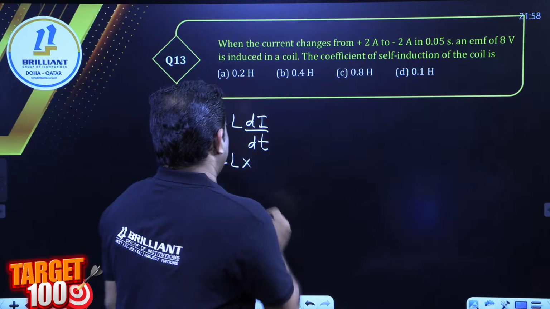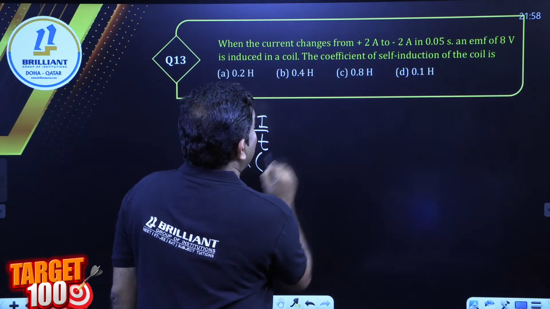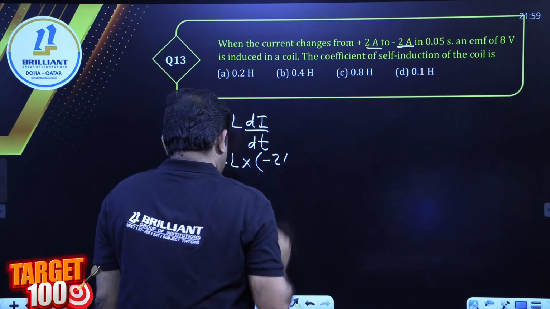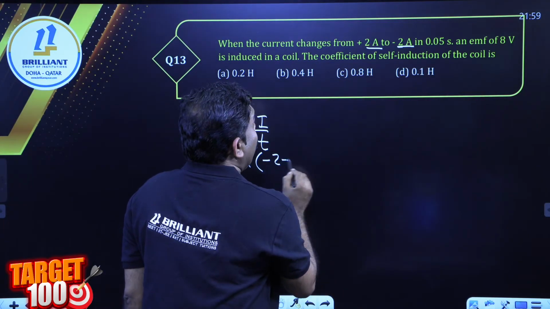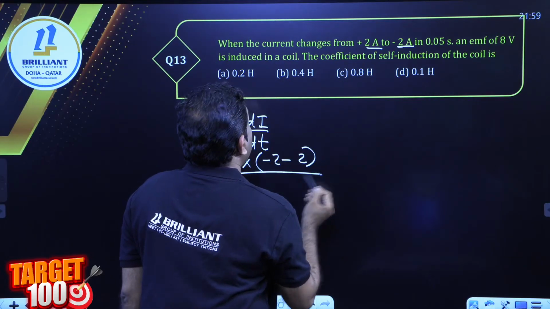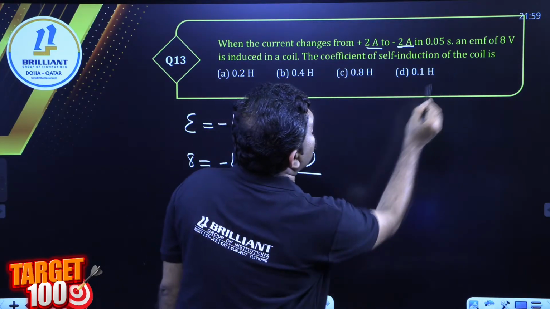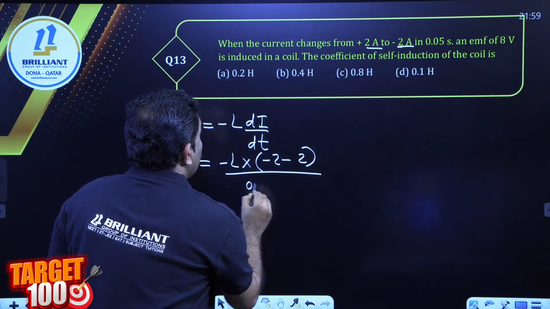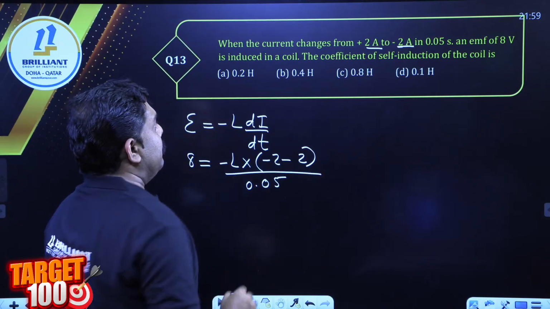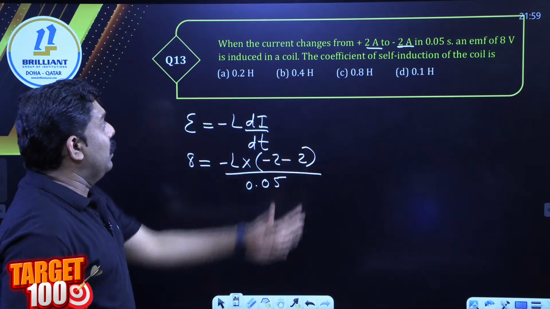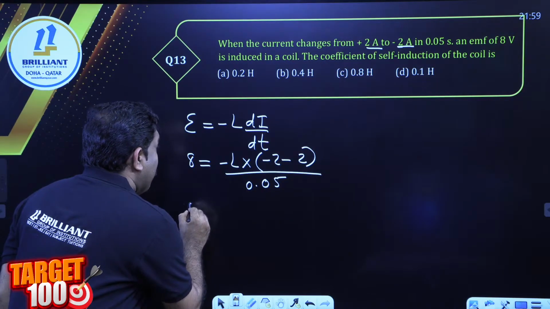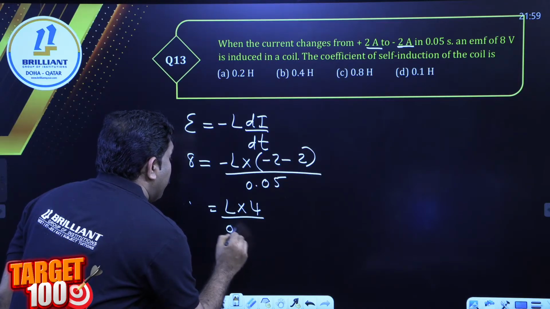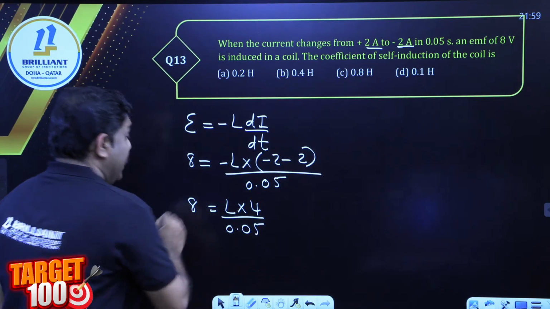EMF is given, that is equal to 8, and we have to find the L value. Di is the change in current, 2 ampere to minus 2 ampere, so the final is minus 2, then minus 2, divided by the time given in this question, 0.05 second. Substituting the values, L into 4 divided by 0.05 is 8.